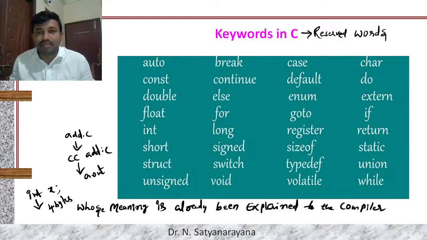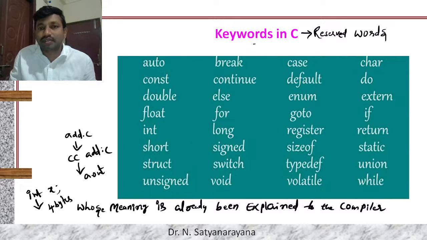In fact, C language supports 32 keywords.